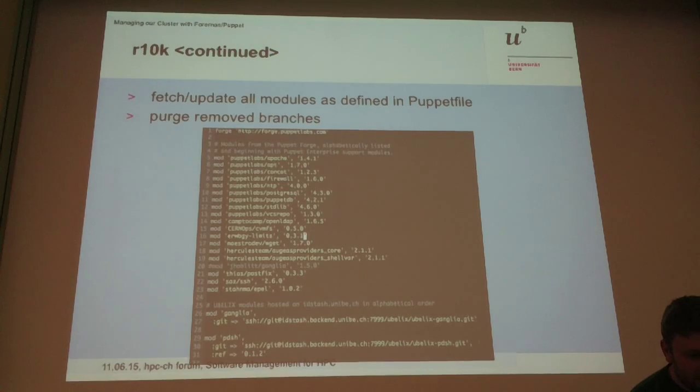Another aspect R10K is doing for us is module dependency. Here you see an output of our current Puppet module file. It goes further. Here you define which Puppet modules are used by your environment in which version. We fix the versions because we don't like surprises.